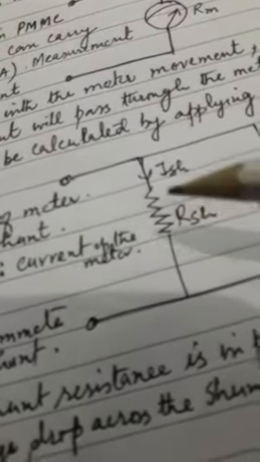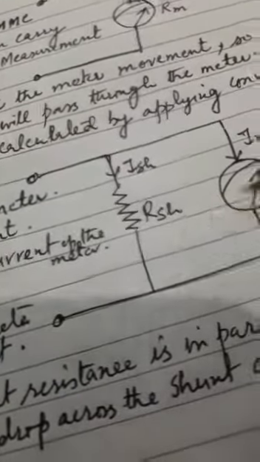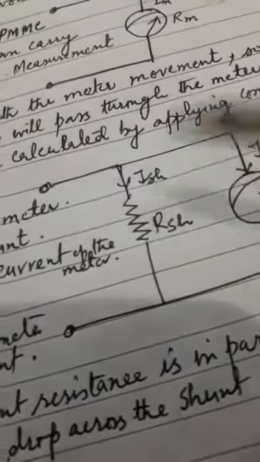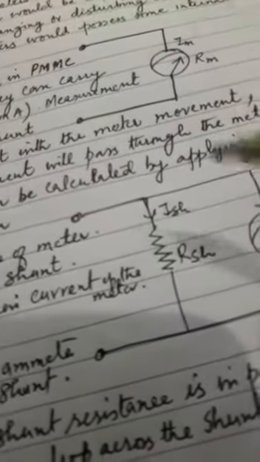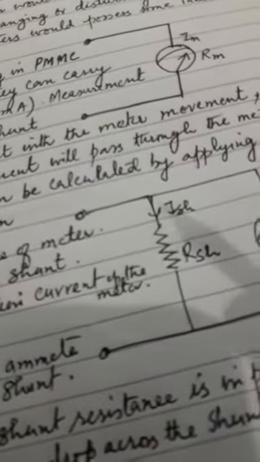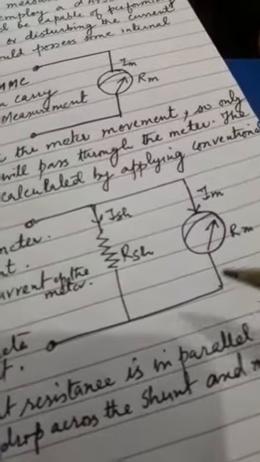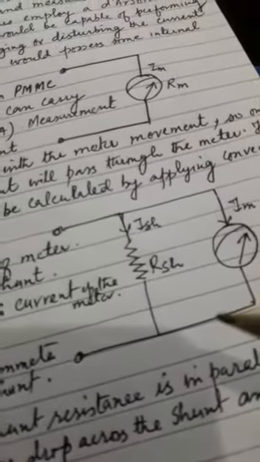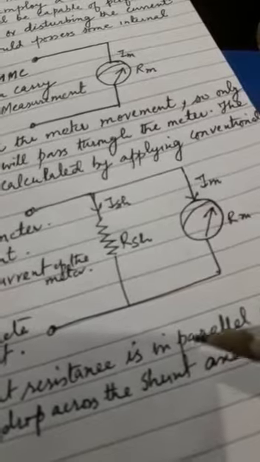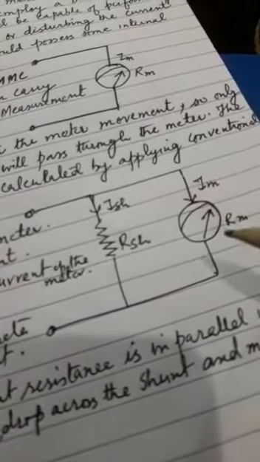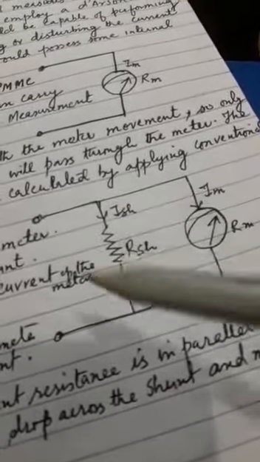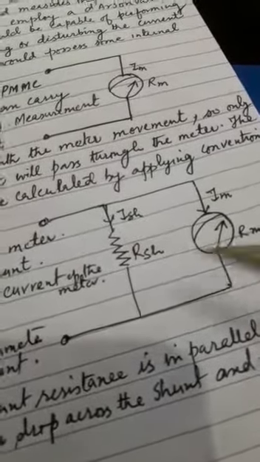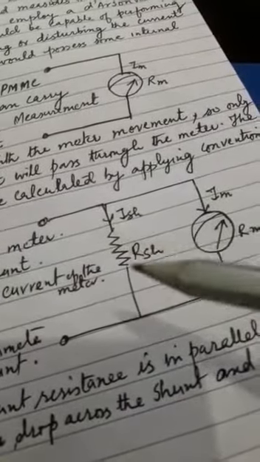This is the shunt resistor connected in parallel. For what purpose? In order to measure large levels of current, because the meter has a thin, light wire and can measure only light currents. That's why we keep a shunt resistor in parallel to this meter, so as to measure large currents.